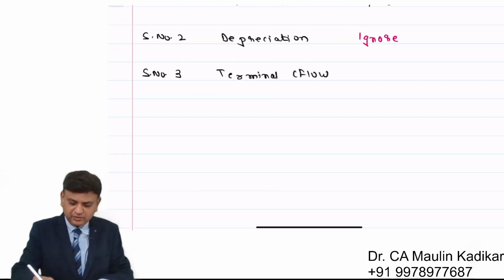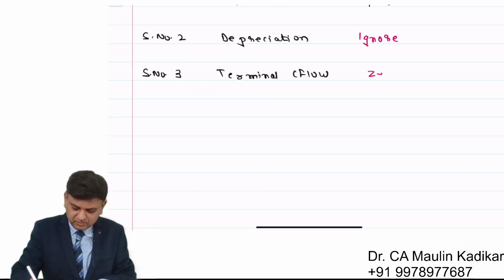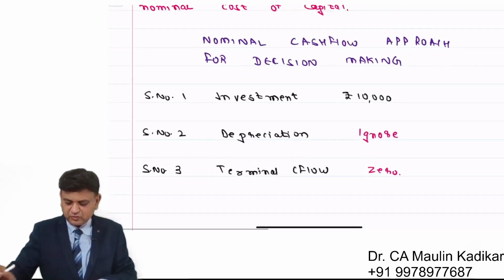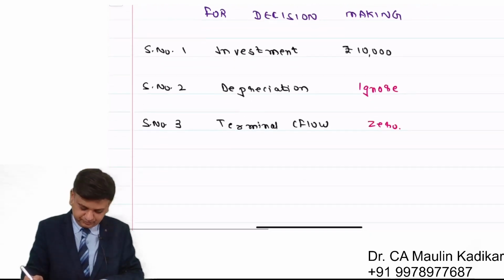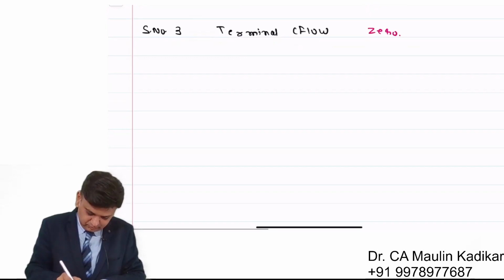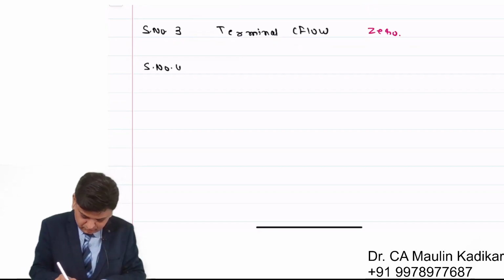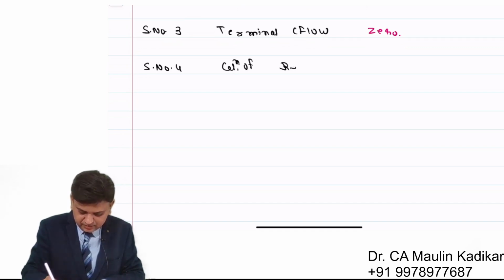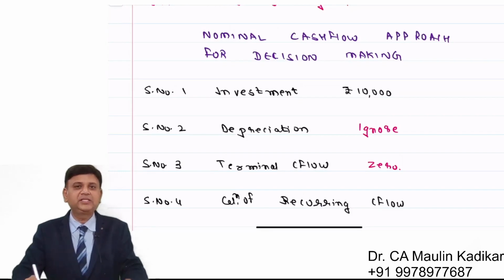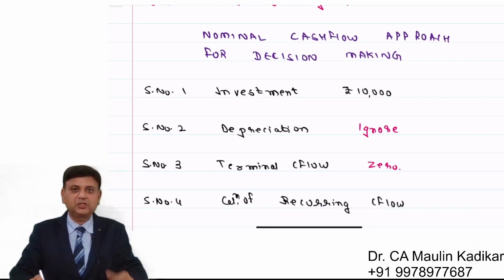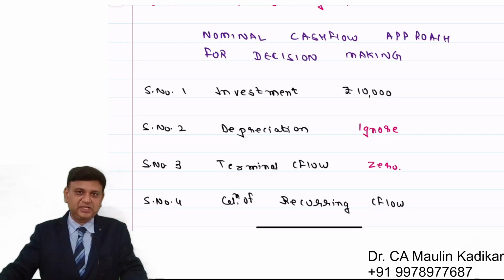No terminal cash flow information is given, so it is zero. Step number four, calculation of recurring cash flow. Dear students, I want you to write in the chat box what would be the recurring cash flow for the first year end and for the second year end.